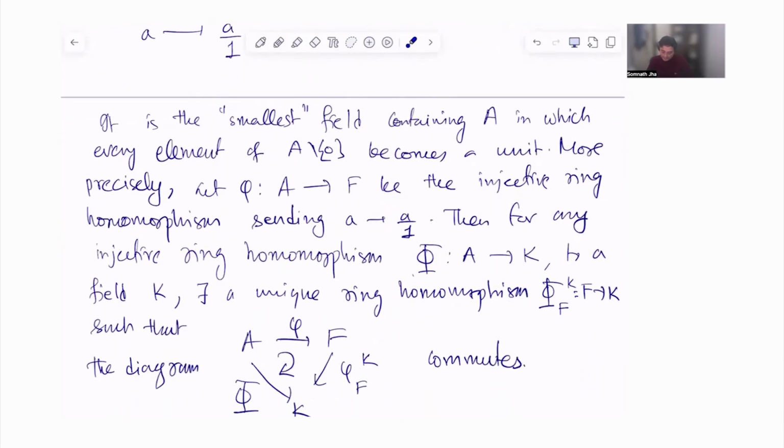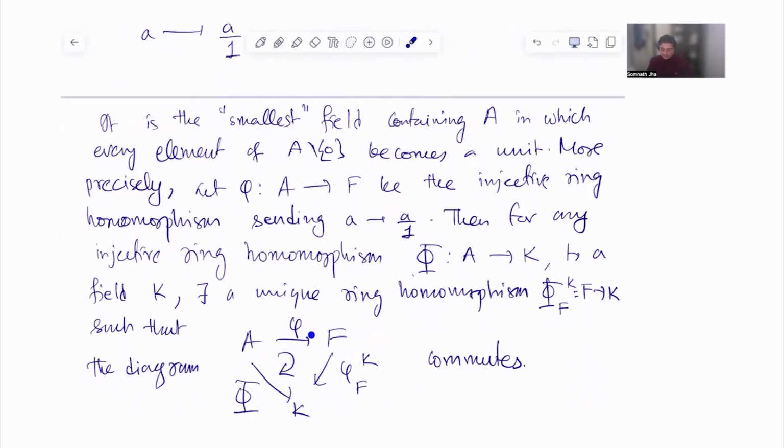That means if you have any injective ring homomorphism, capital Phi, from any A to any field, then there will be a ring homomorphism from F to K such that if you restrict it to A, this diagram commutes.